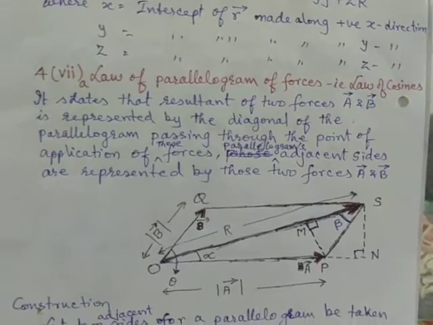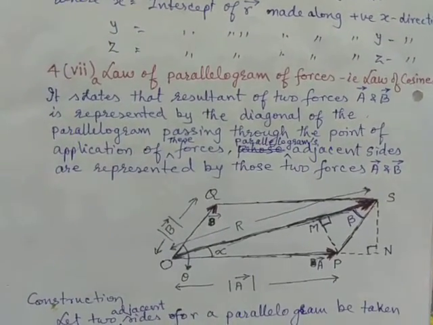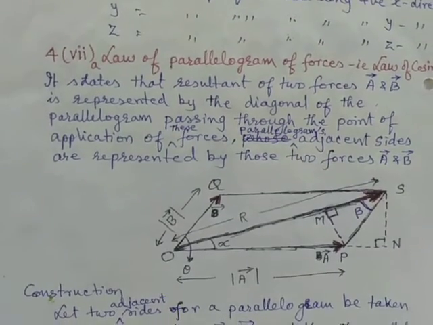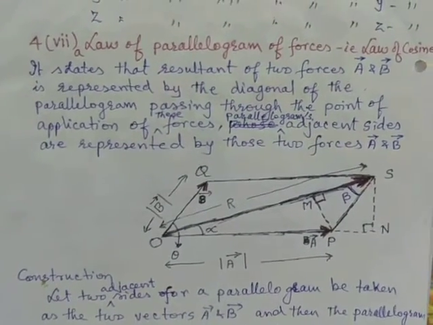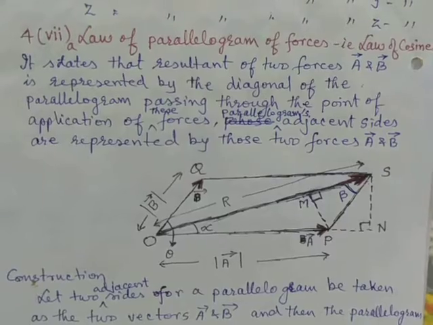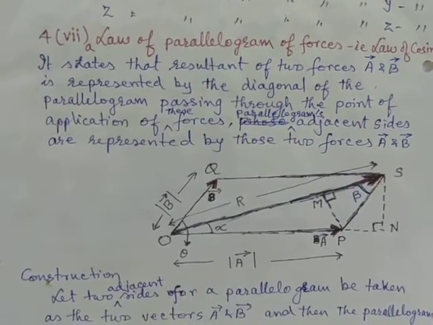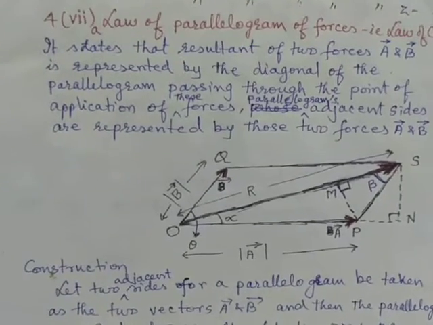Now we are going to discuss a very important law, and derive it, which is known as the law of parallelogram of forces, also called the law of cosines. Before we derive it, we must state what this law says.